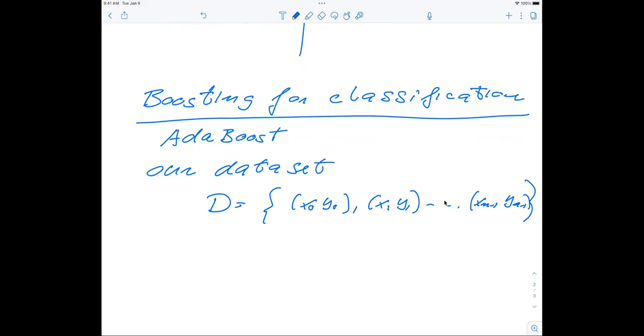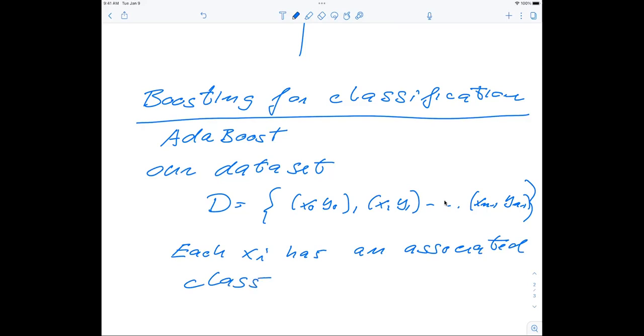So each x of i has an associated class. Because now we are looking at a classification problem.